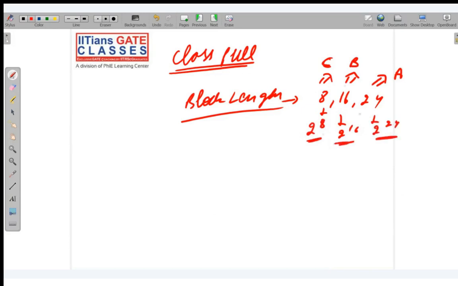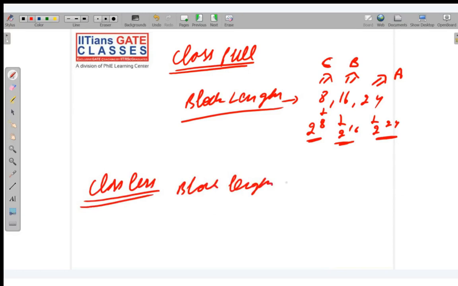That was classful. Now in classless, block length is not fixed. Block length is variable, so depending upon the need, we will give the block. We are not saying that we have only three options, block length 8, 16 or 24. Now there are many options, so that's why I'm saying block length is variable now.